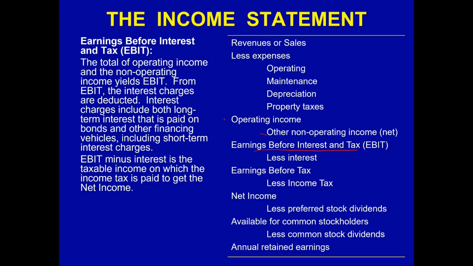From EBIT, the interest charges are deducted, so less interest. Interest charges include both long-term interest that is paid on bonds and other financing vehicles, including short-term interest charges. EBIT minus interest is the taxable income. So this is our earnings before taxes, the taxable income.